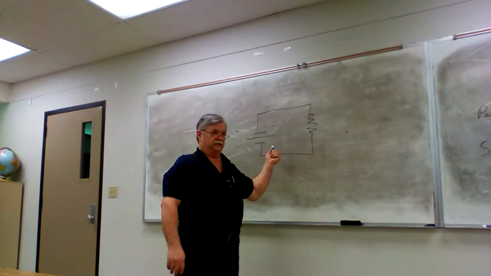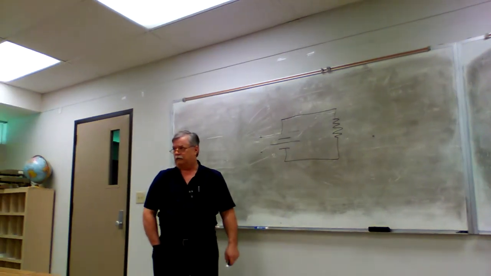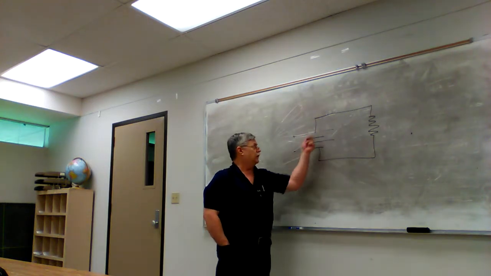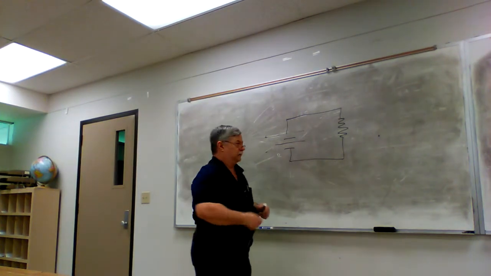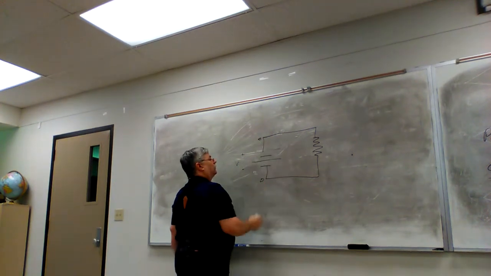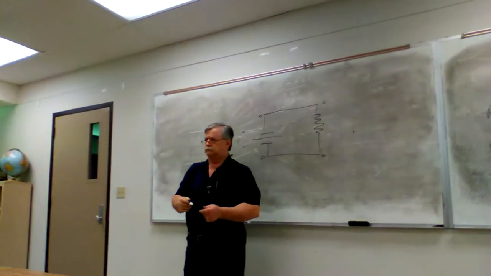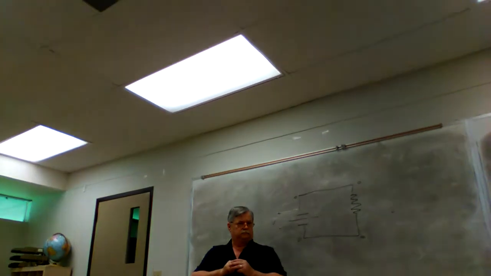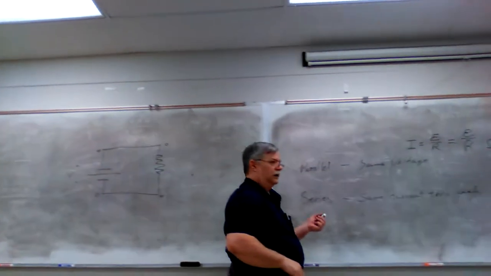Is this a series circuit or parallel circuit? It's a series circuit. Why? Because you've got the same current flowing through here as flowing through there. But you've got the same voltage across the battery and across the resistor. Now, isn't that supposed to be the definition of parallel?